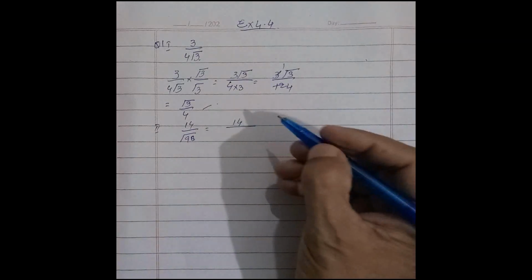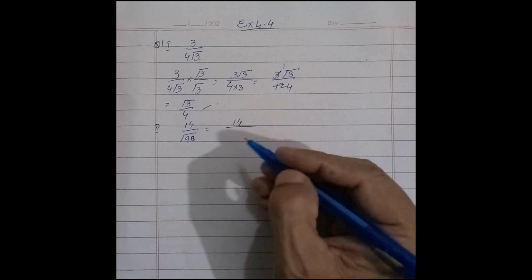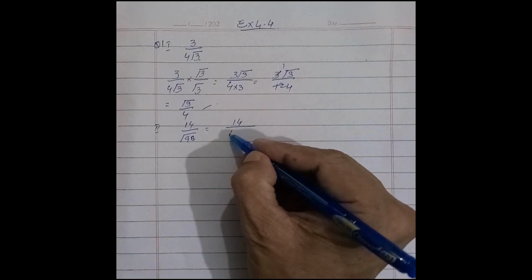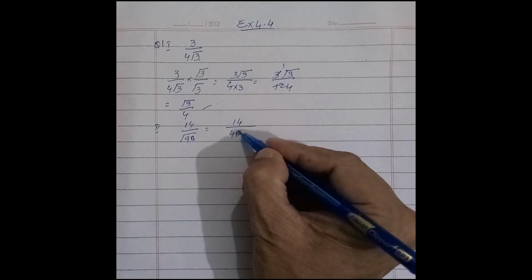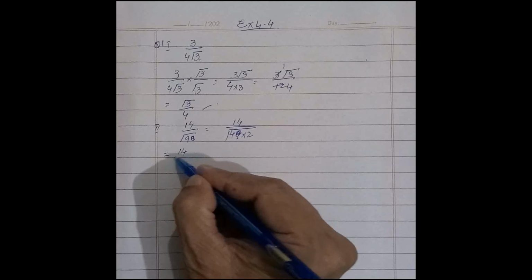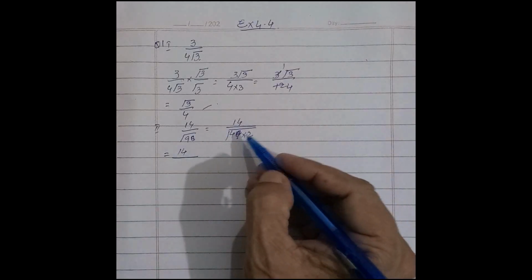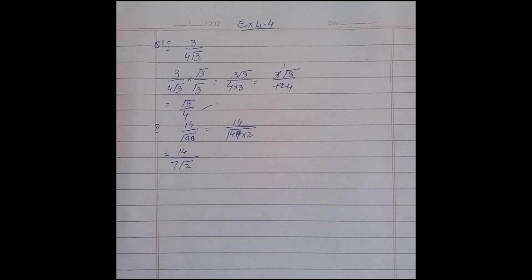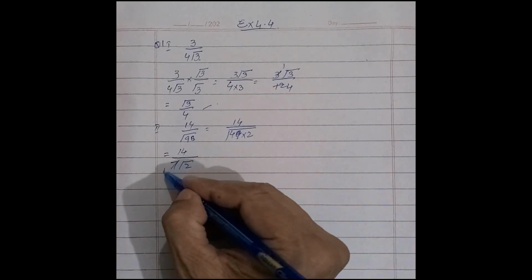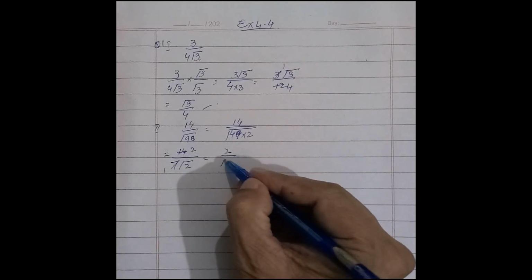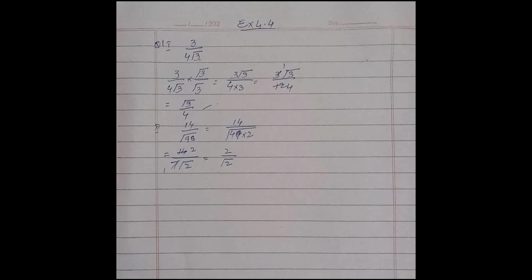The denominator 98 is 49 multiplied by 2, square root. Square root of 49 is 7, so 7 square root 2. Now simplify it. 7 ones are 7, 7 twos are 14. The answer is 2 over square root 2.